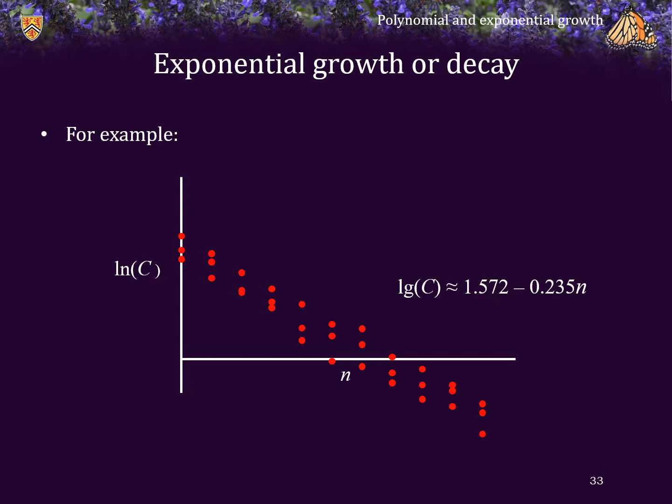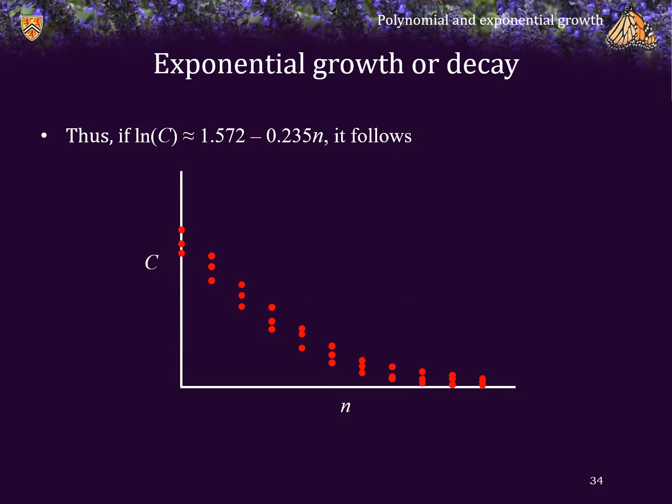So, for example, suppose that in the previous example we did the linear regression and we found that this data was of the form 1.572 minus 0.235n. So that is the equation of this line that is the best fitting line to this data.